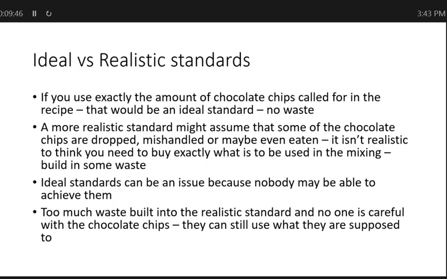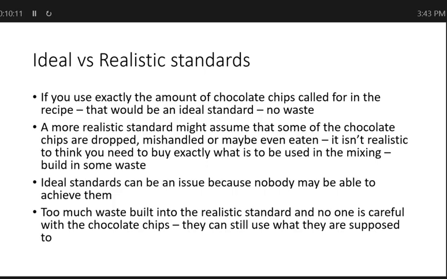Now, let's pause a little bit about how we set these standard costs, or how to utilize them. If you use exactly the amount the recipe calls for, that's what we would refer to as an ideal standard. Meaning, if we need 2 pounds of chocolate chips in a batch of cookies to have the level of chocolate that we expect, that doesn't make any room for waste.